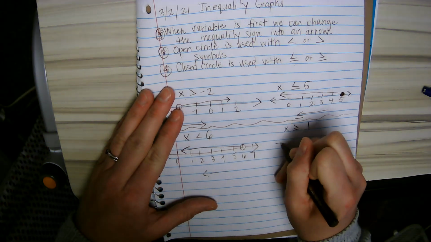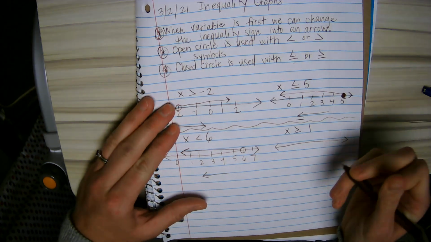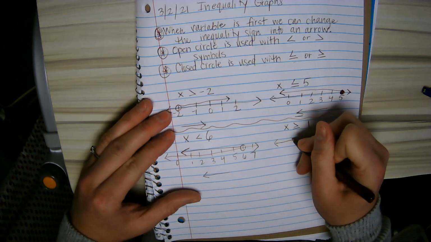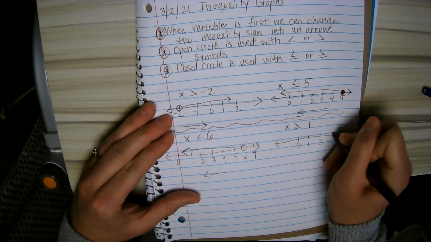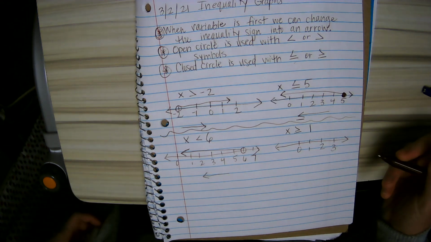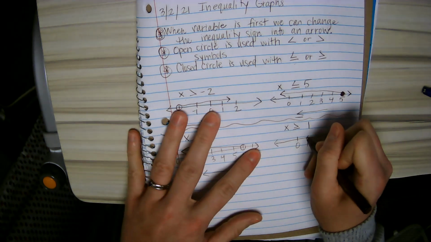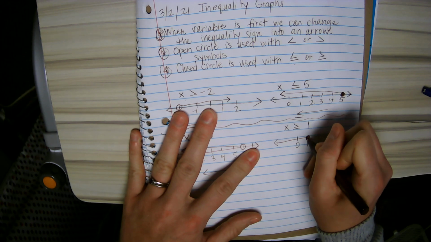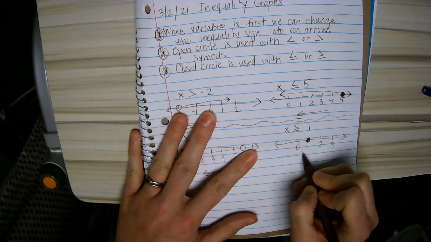Okay, try this one now. So maybe 0, 1, 2, 3. All right, open or closed circle at the 1? Closed because it could also be equal to it. And then we're going to turn that into an arrow.